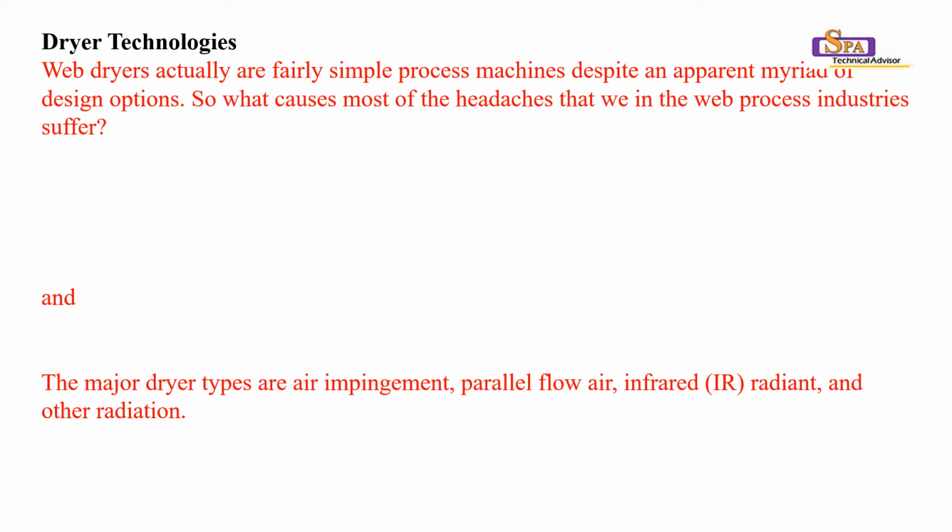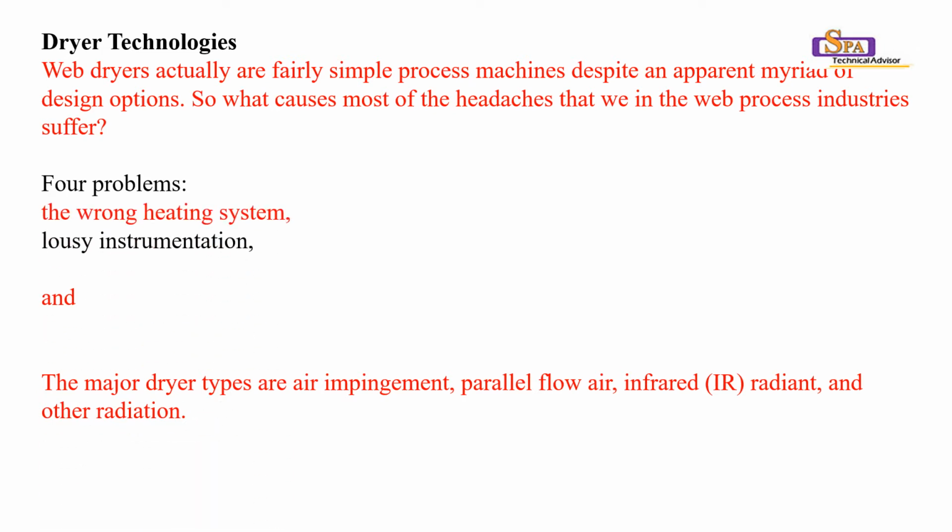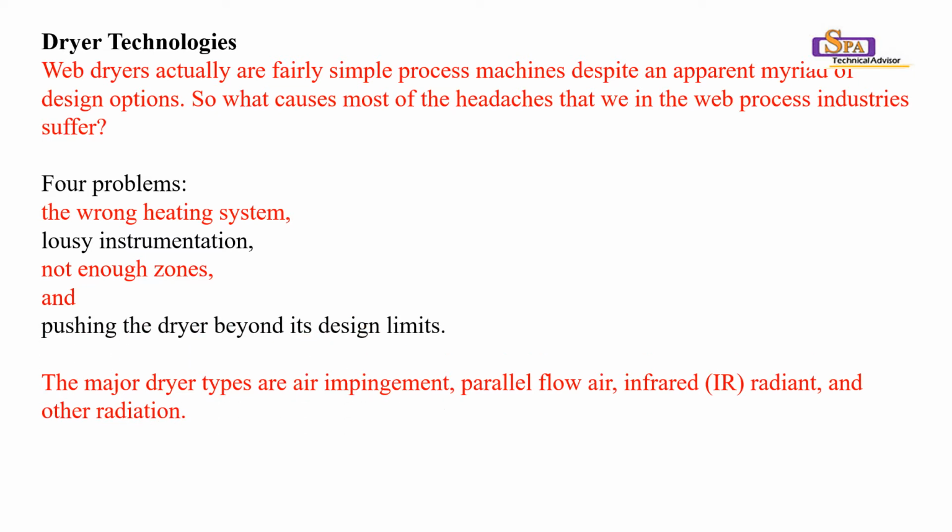So what causes most of the headaches that we in the web process industries suffer? Four problems: the wrong heating system, lousy instrumentation, not enough zones, and pushing the dryer beyond its design limits.